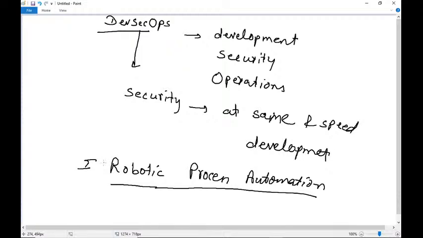Every possible process should be automated. We should make robots as intelligent as a human being. Basically, we are making bots that make use of artificial intelligence, big data, and machine learning. They can learn and improve over time. This is robotic process automation.